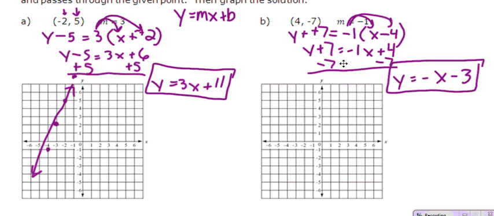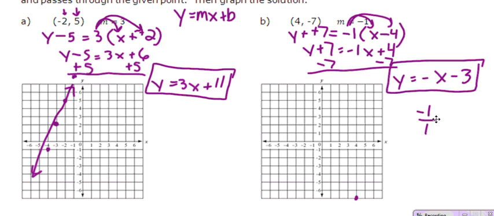Now to graph this, I can either use what I know, right, point-slope form, or this would work by me using slope-intercept form. So since we've been doing it, let's just go with point-slope form. So I'm going to go to 4, negative 7, and my slope is negative 1, so that means I'm going down 1 and over 1 to the right. Negative 1, if I want to make it into a fraction, I put it over 1.